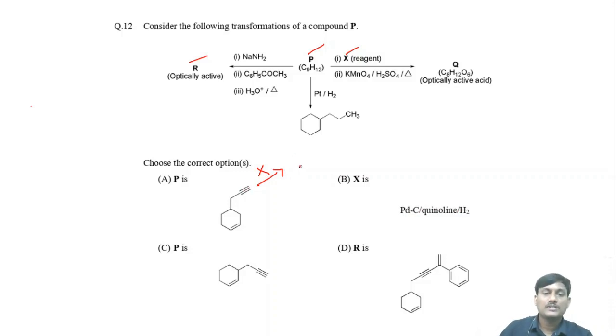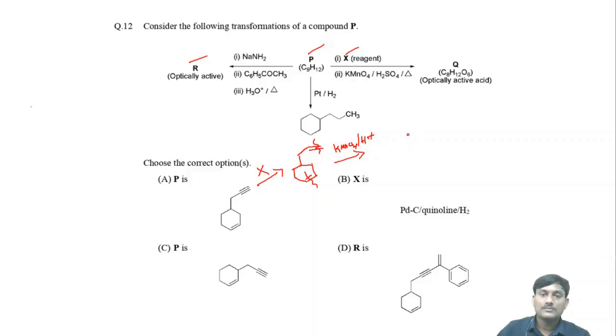So what is the product you will get? This is the product you will get. Then when it is treated with acidified KMnO4, there is a bond cleavage here, and there is a formation of COOH.